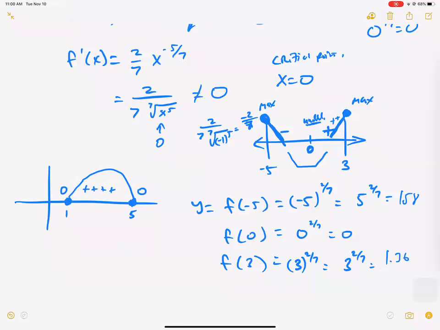And they are close, but our absolute maximum is 1.58 at x equals negative 5.